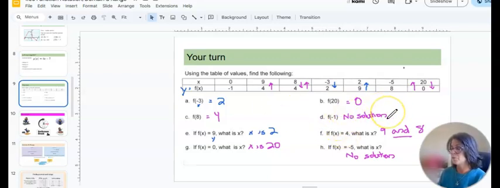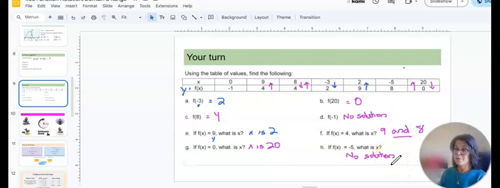So there's no solution, or it can't be determined from the given information. The same thing happens for letter H. This is telling us the y, the output, is -5. There is no -5 in the f of x row. There's one up here, but that's x, and we can't use it. So there's no solution here.